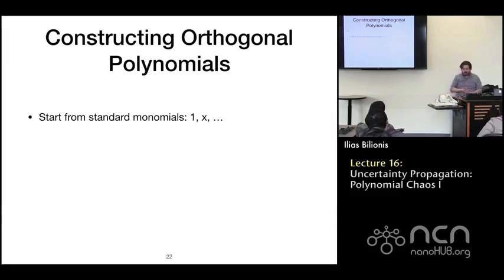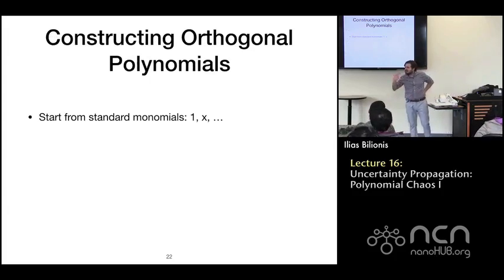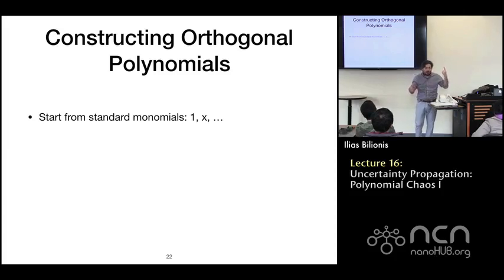How do you construct orthogonal polynomials? You can use the Gram-Schmidt procedure of linear algebra, because it is as if we are in Rn. It's exactly the same thing. So you can start with a set of linearly independent vectors, like 1, the constant polynomial, and then a linear function like x on its own, and then x squared and x cubed.